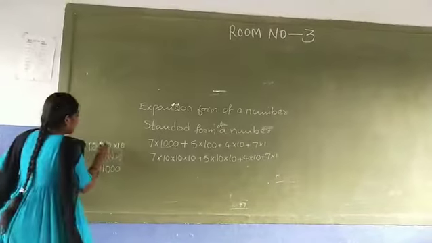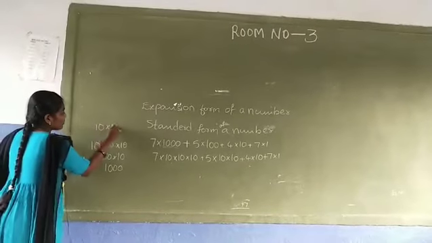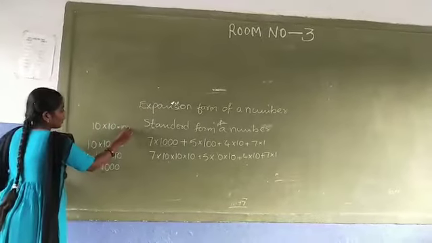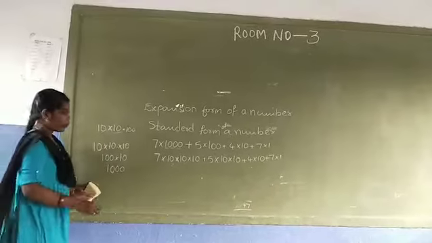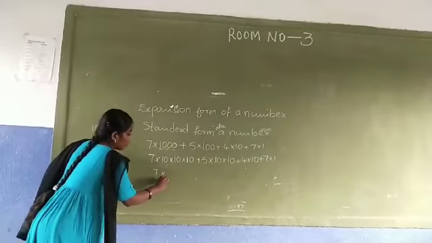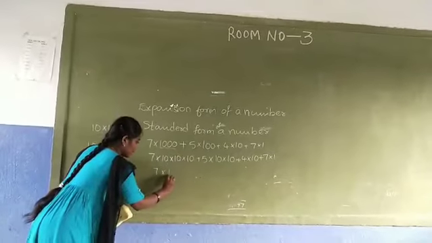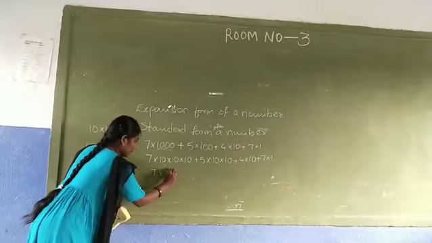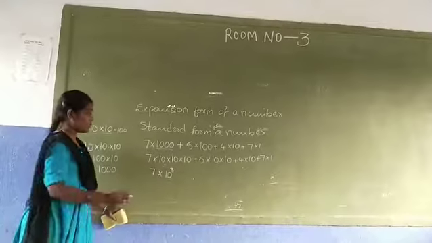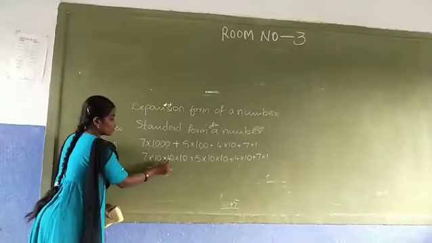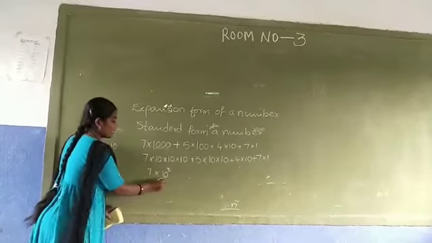Here 10 into 10, 10 times 10 is 100. So 100 can be written like this also. Here how many tens do we have? 1, 2, 3. Then I am writing 10 cube. That means we have 3 tens. That's why I am writing 10 cube.